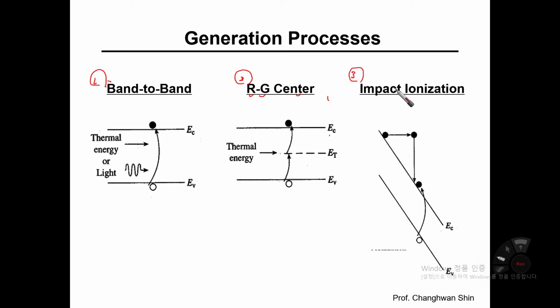The last type is impact ionization. First of all, we should understand what impact ionization is to better understand generation by impact ionization. Let's move on to the first one, band-to-band generation.